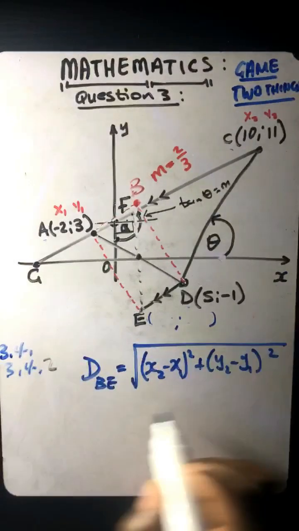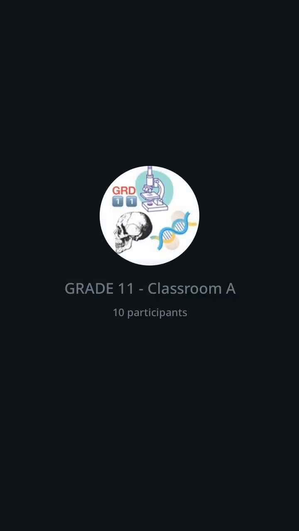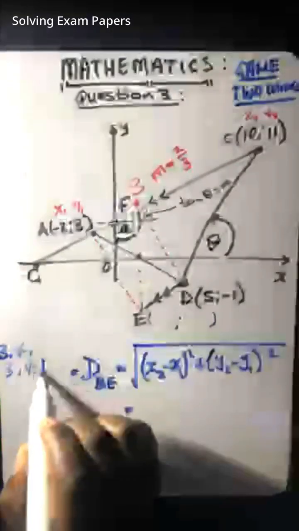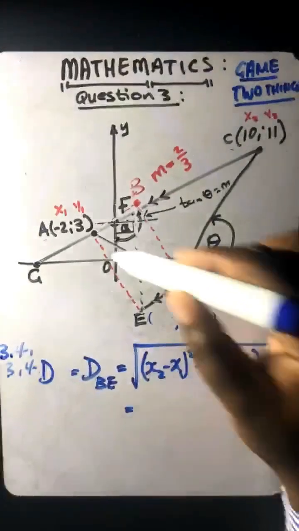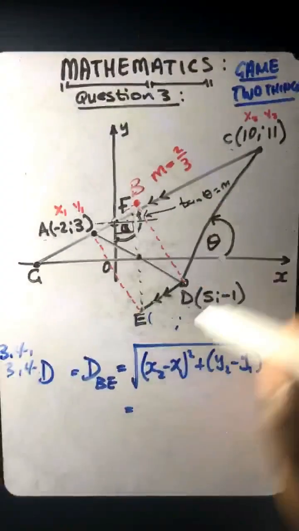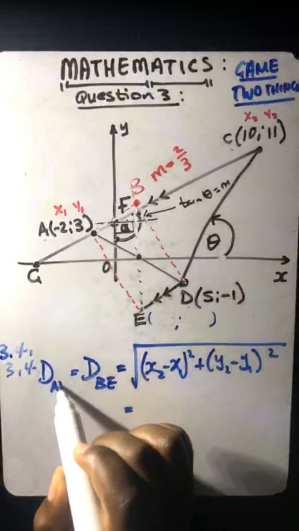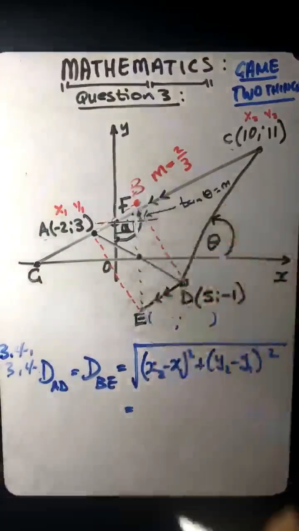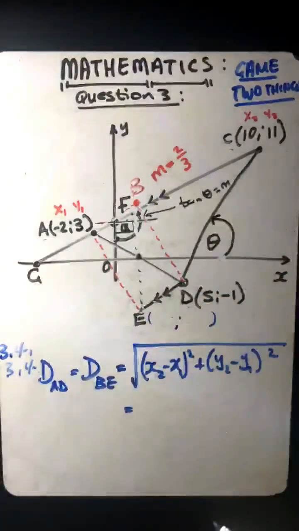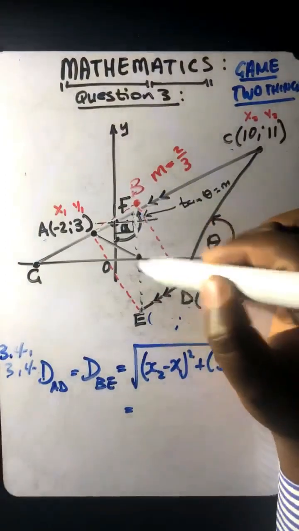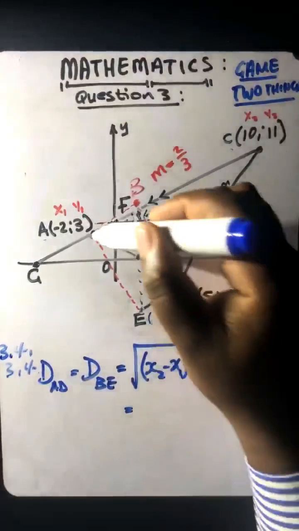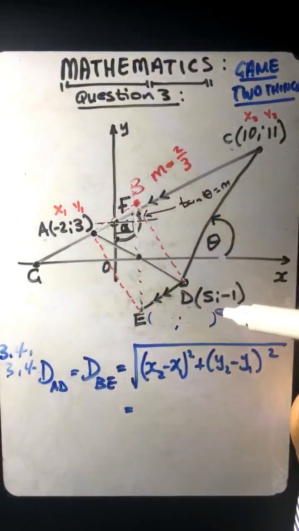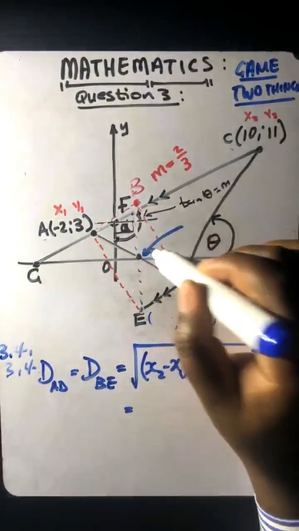But most importantly, it might be worth it for you to just say, Mr. Examiner, look, the distance of AD equals the distance of BE because of its diagonal line. As far as a rectangle is concerned, the diagonal lines have equal distance, and most importantly, they share the same midpoint.